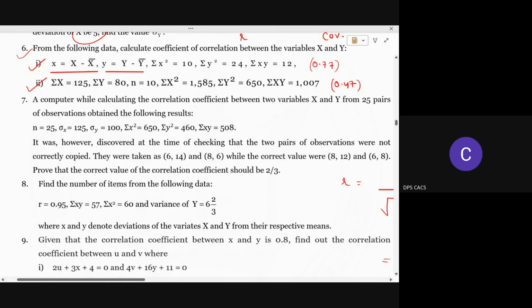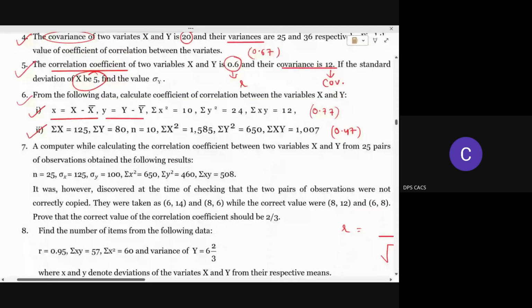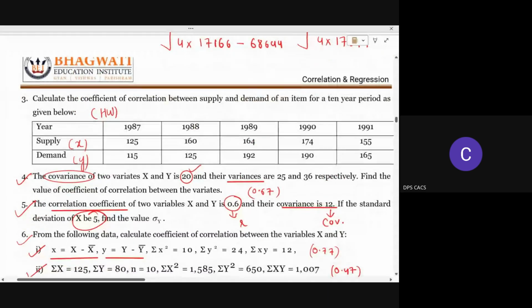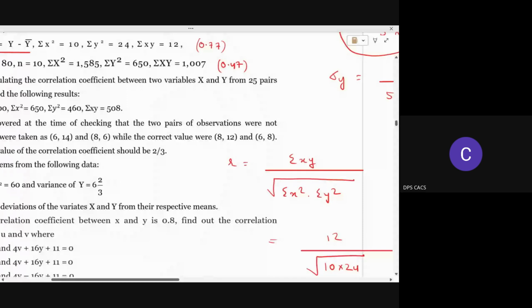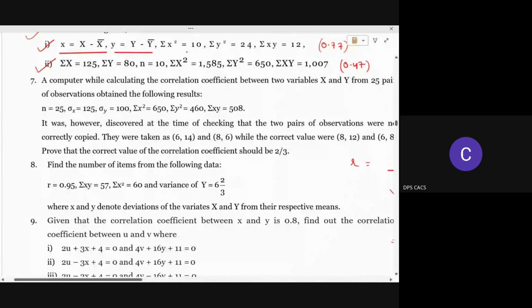6 part 1 is okay with everyone. Part 1. N summation xy minus summation x into summation y.